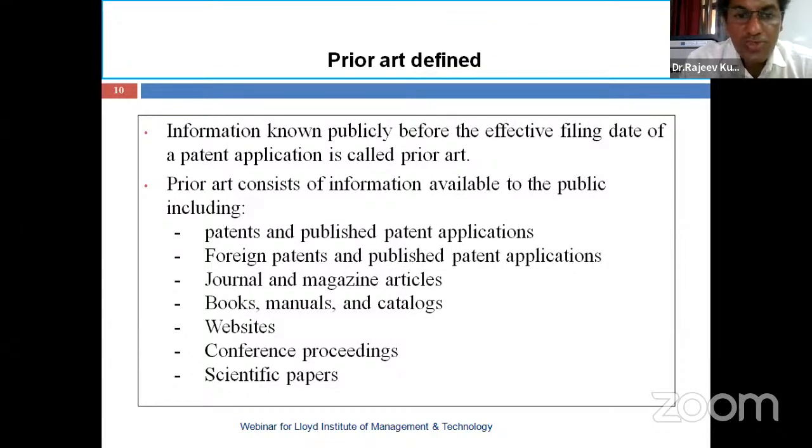You have to check the prior art of all the foreign patents and all the published literature in the form of journals, magazines, books, manuals, catalogs, even the websites. It could be conference proceedings, manuscripts, review articles, or any scientific paper.